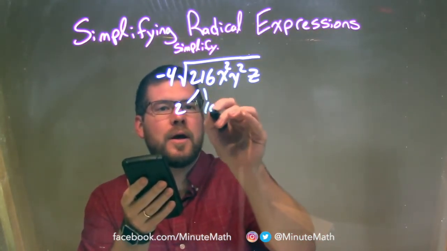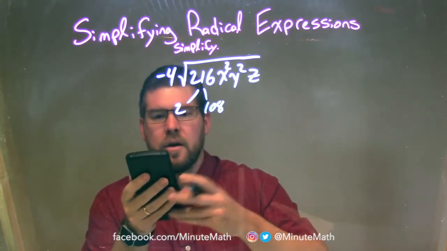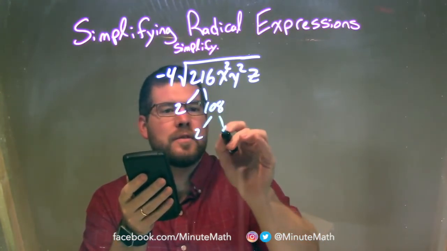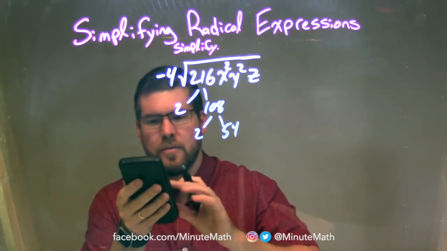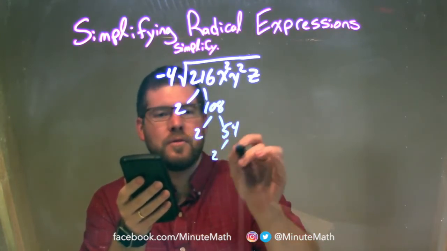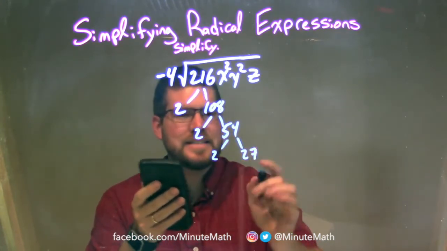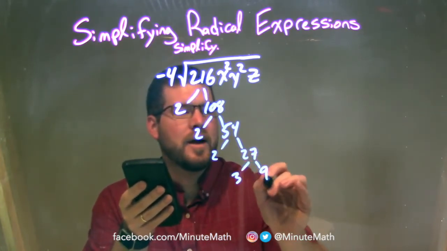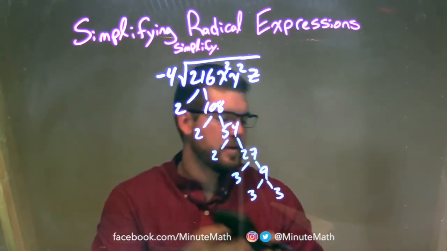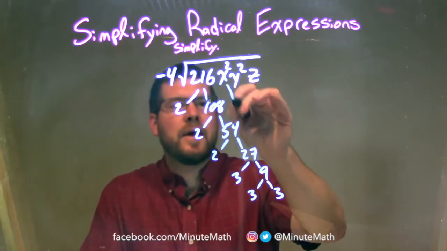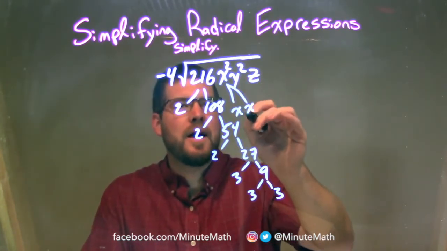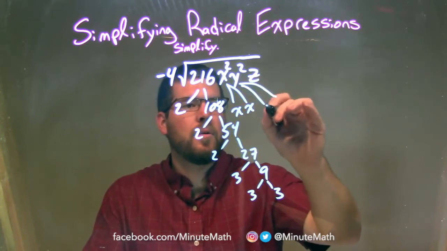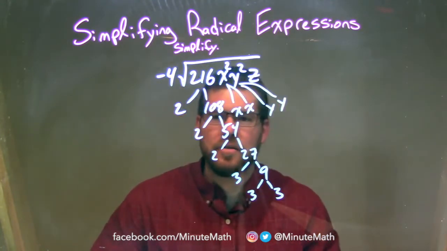So 2 times 108. 108 divided by 2 comes out to be 54, so 2 times 54. 54 divided by 2 is 27, so we have 2 times 27. And 27 divided by 3 is just 9. So 3 and 9 is 3 and 3. Okay. From there, I can break down my x's to be x squared to be x times x, y squared to be y times y, and z is just by itself.